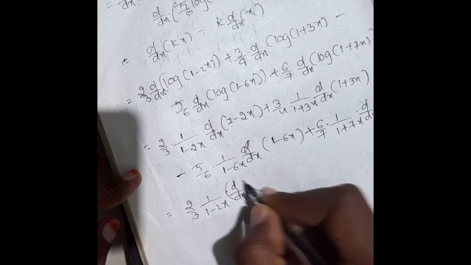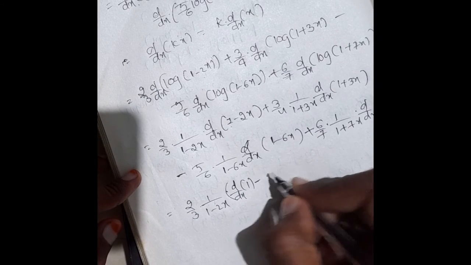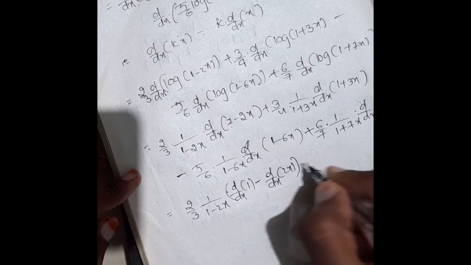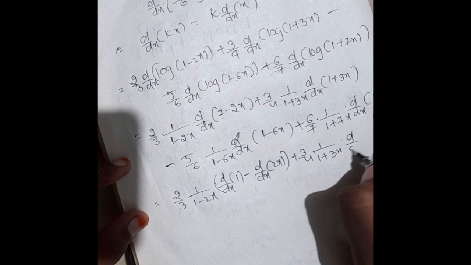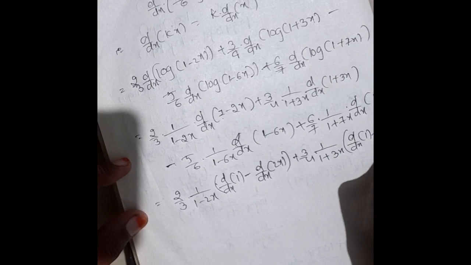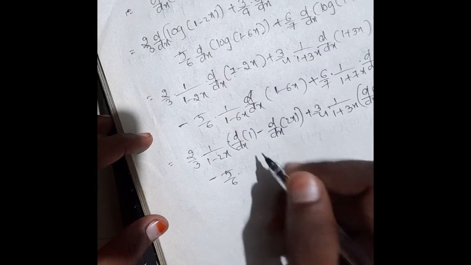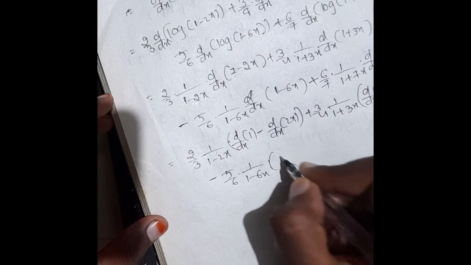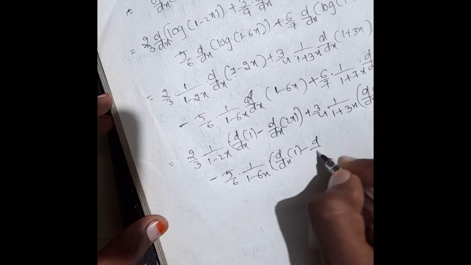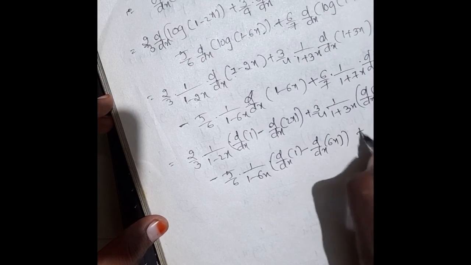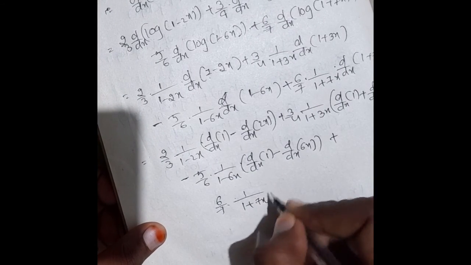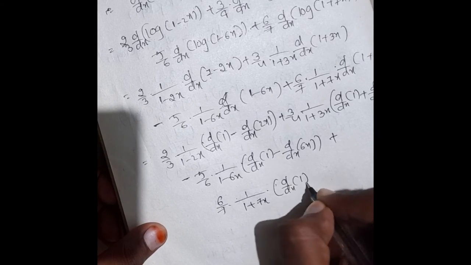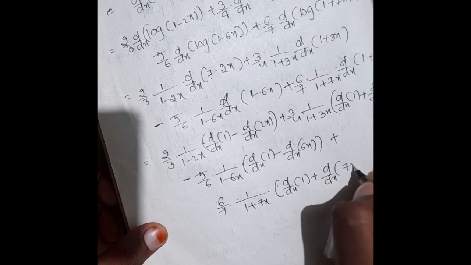Okay, let me write it separately for each term: d by dx of 1 minus d by dx of 2x, plus 3 by 4, 1 by (1 plus 3x), d by dx of 1 plus d by dx of 3x, minus 5 by 6 into 1 by (1 minus 6x), d by dx of 1 minus d by dx of 6x, plus 6 by 7, 1 by (1 plus 7x), d by dx of 1 plus d by dx of 7x.